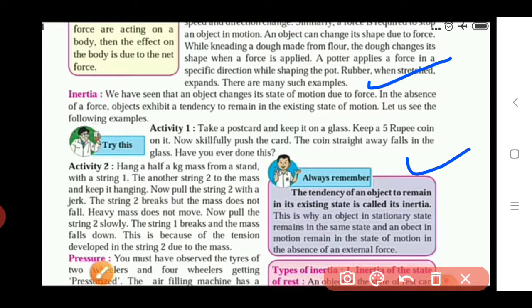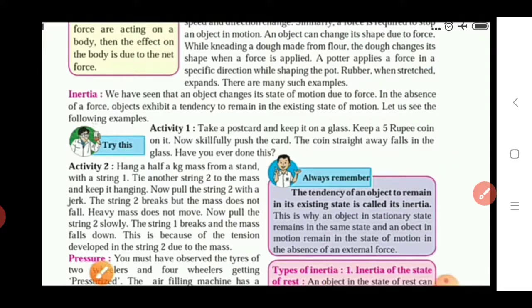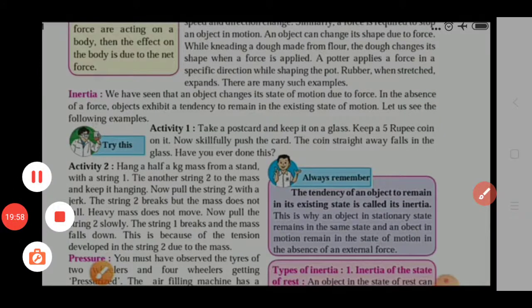So inertia is nothing but the ability of objects to remain as they are in their state, whether in motion or stationary, until we apply an external force. So here we saw what inertia is.